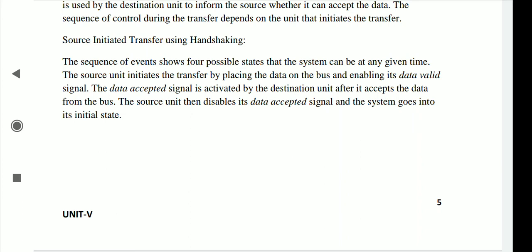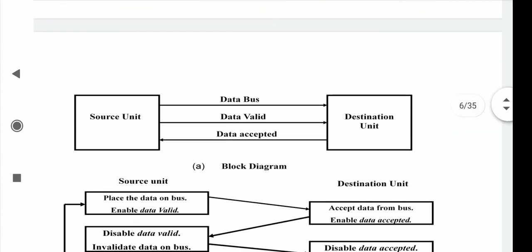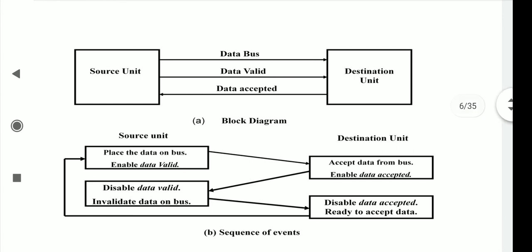The data accepted signal is activated by the destination unit after it accepts the data from the bus. The source unit then disables the data valid signal and the system goes into its initial state. The block diagram of handshaking is here.